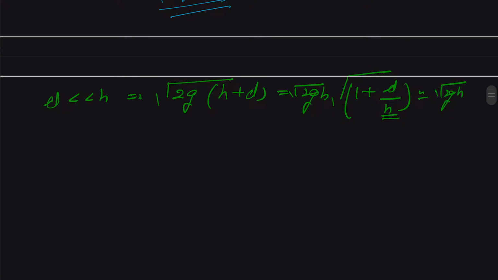Therefore, v2 is approximately equal to v1, and let us say that is equal to v. So based on this, the approximate speed of both our basketball as well as tennis ball is the same just before hitting the ground.